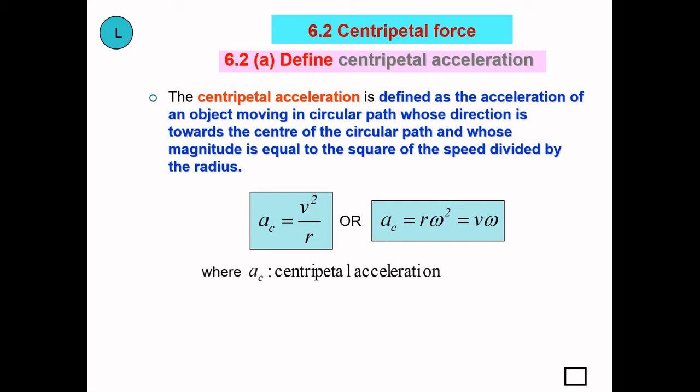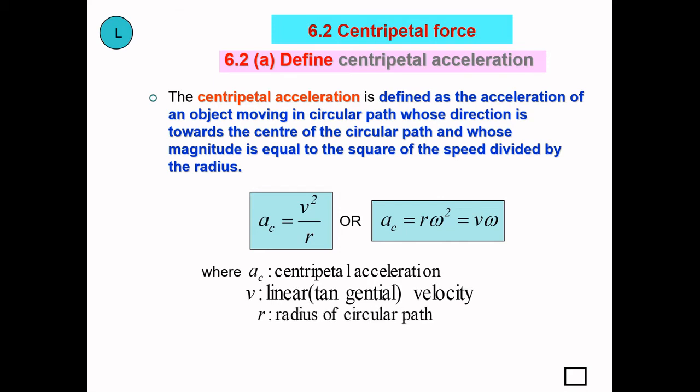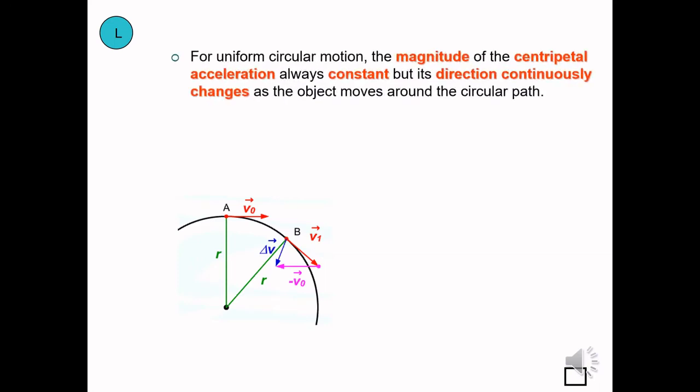So, what is ac, class? ac is the centripetal acceleration, v is the linear velocity, r is the radius of the circular path, and omega is the angular velocity. For uniform circular motion, the magnitude of the centripetal acceleration is always constant, but its direction continuously changes as the object moves around the circular path.